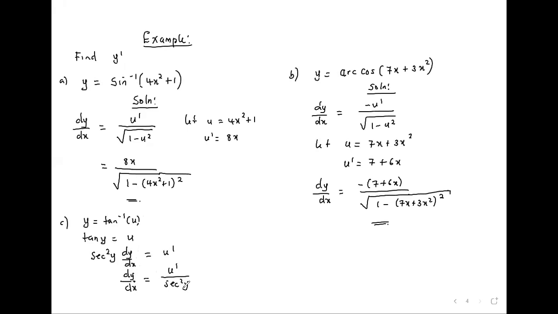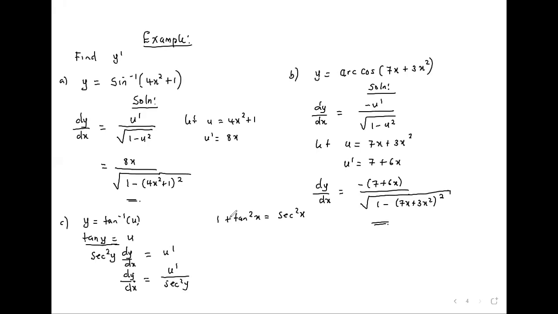But look, what we have here is tan. So you say, since I have tan, am I able to change sec to tan? Of course, yes. We know that 1 plus tan squared x is equal to sec squared x.